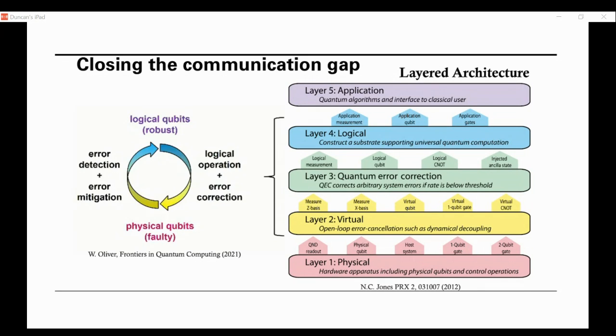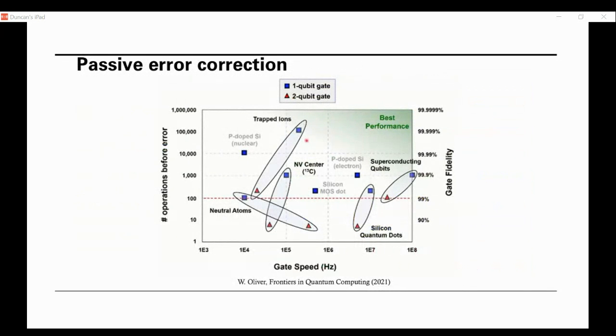And you can see over on the left-hand side here, something we're going to be talking about is this difference between logical and physical qubits. And just to finish off this background section.